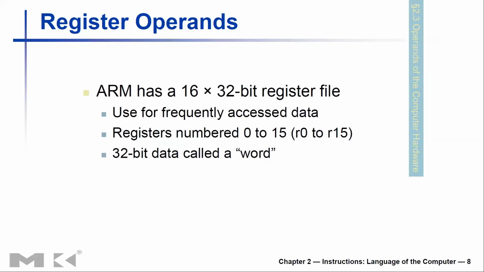The set of registers we also call the register file. You have seen 8-bit and 4-bit registers in your previous digital design course, but here you have 16 32-bit registers. You can use only these registers to store operands.